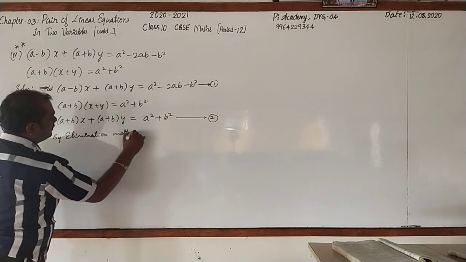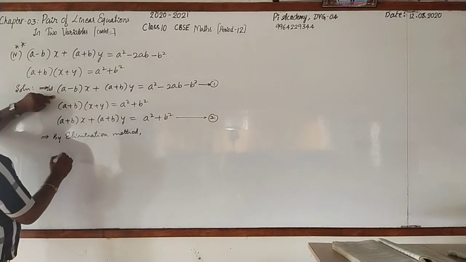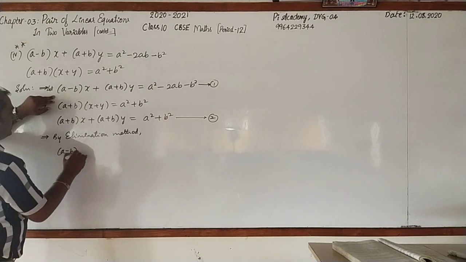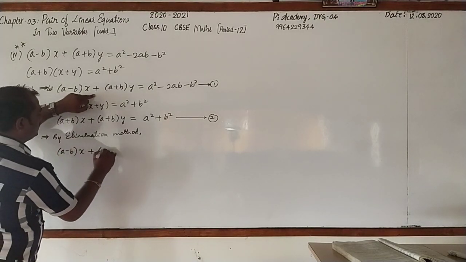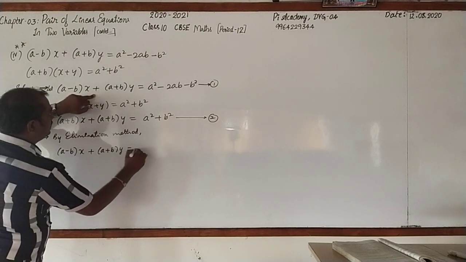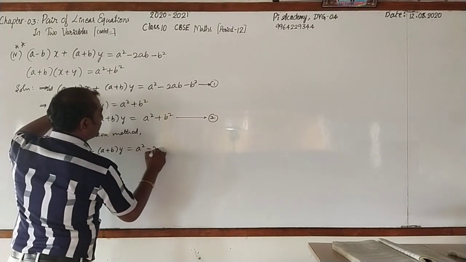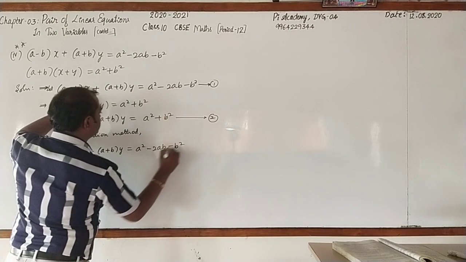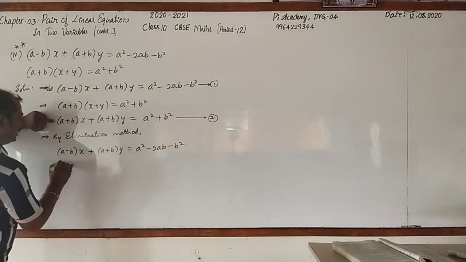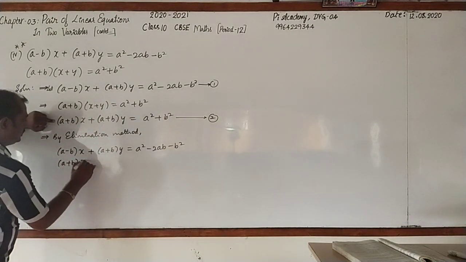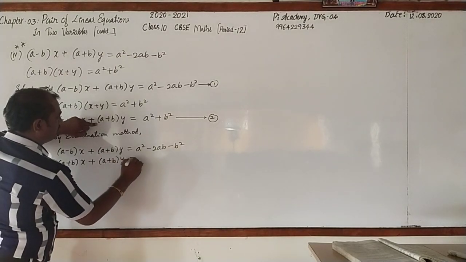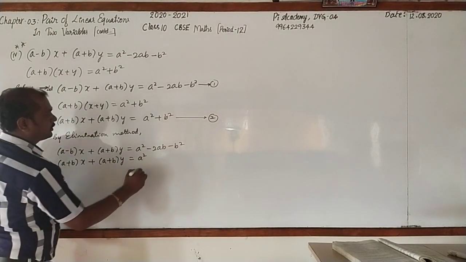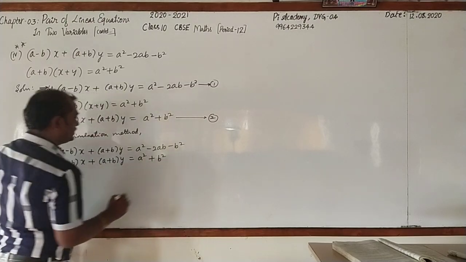Elimination method. Write the first equation as it is: (a minus b) into x plus (a plus b) into y, which is equal to a square minus 2ab minus b square. Next, it is (a plus b) into x plus (a plus b) into y, which is equal to a square plus b square.